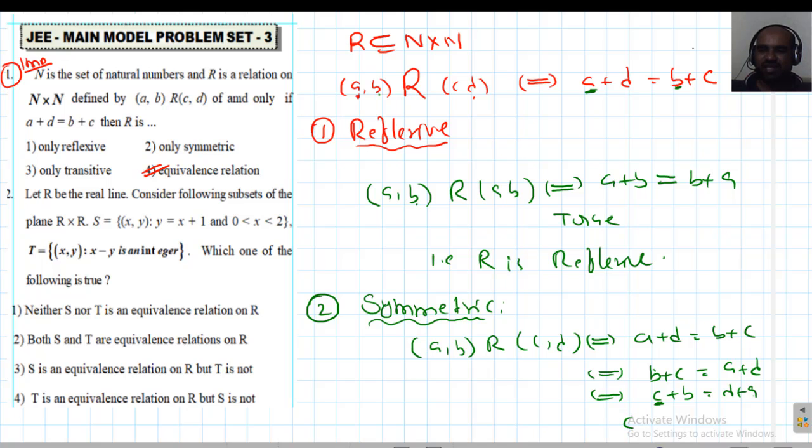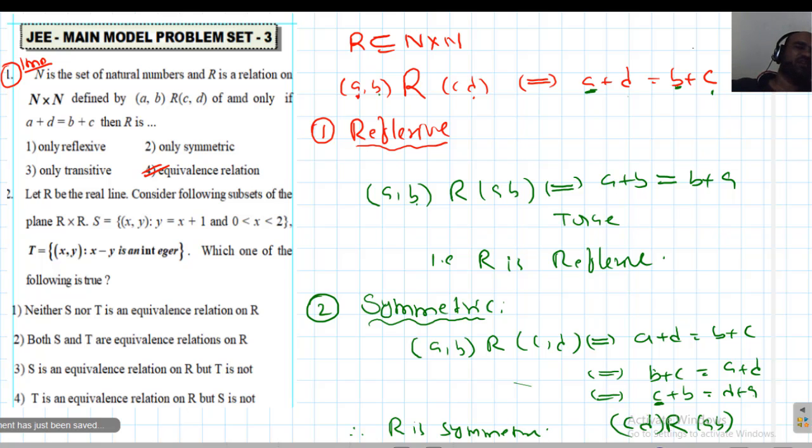First ordered pair is (a, b): first and third element, related to (c, d): last and second, that is nothing but (a, b). So what you got now? (a, b) related to (c, d) gives (c, d) related to (a, b), which means R is symmetric.